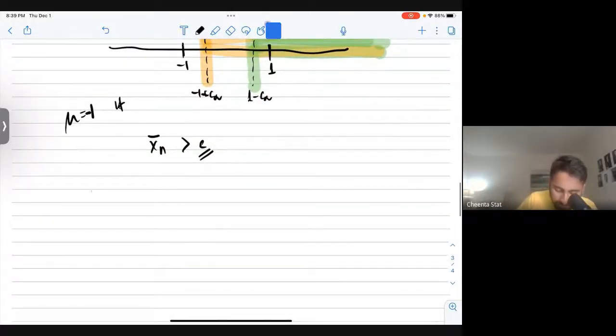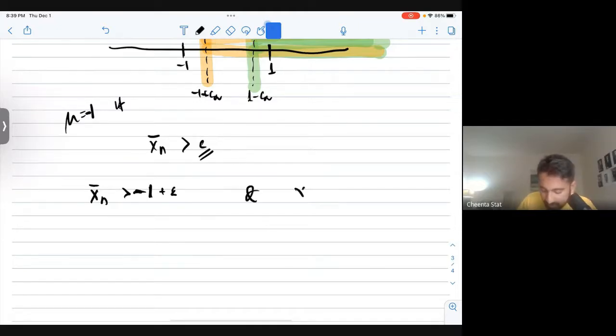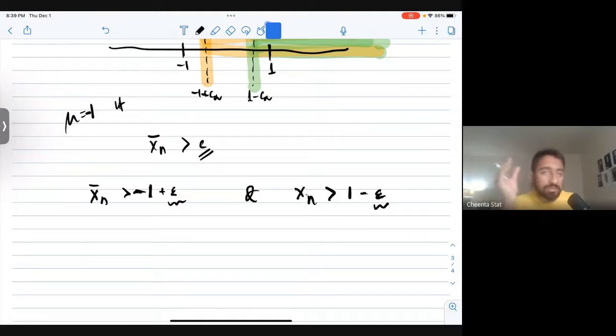In one case, we are rejecting if xn bar is minus 1 plus certain quantity epsilon, and in another case we are rejecting if xn bar is greater than 1 minus certain epsilon. Understand that this epsilon is in our hand. We can vary this epsilon however we want by varying the alpha.